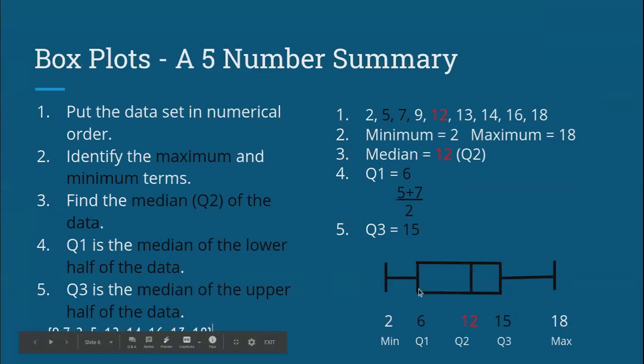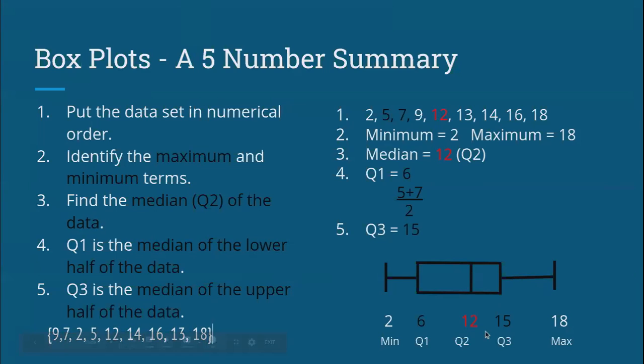Because the median of the lower half is 6. 6 is 6 away from 12, versus the median of the upper half, which is only 3 away. And the structure matters, and we will see once we start comparing the graphs. We will see why instead of putting this median directly in the middle, we put it closer to the right side. We put it closer to the median of the upper end of the data.